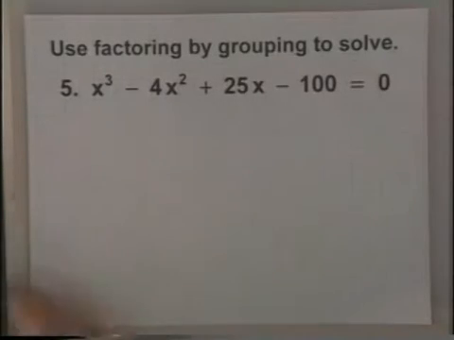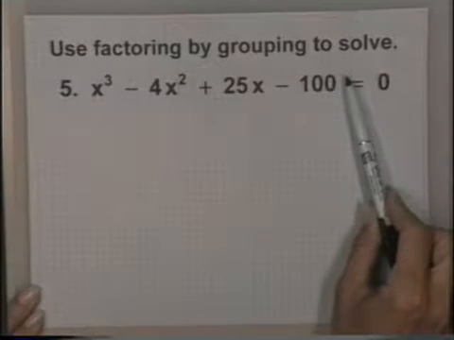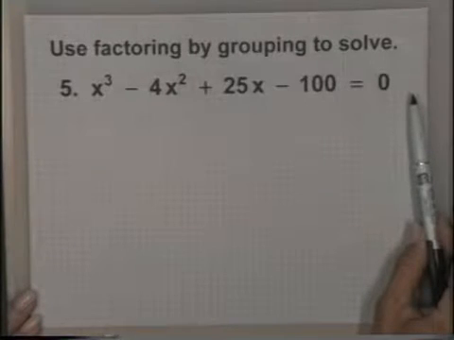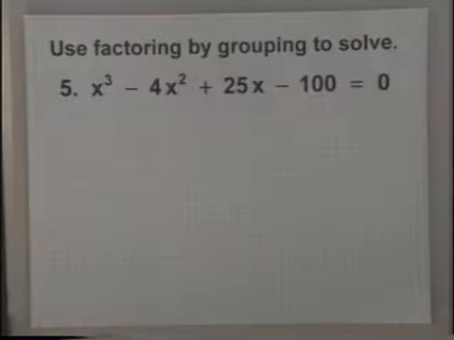If we have any terms where x is raised to a whole number power greater than 2, we call it a higher degree equation. I would suggest whenever you solve higher degree equations that you get all the terms on one side of the equation and 0 on the other side of the equation.